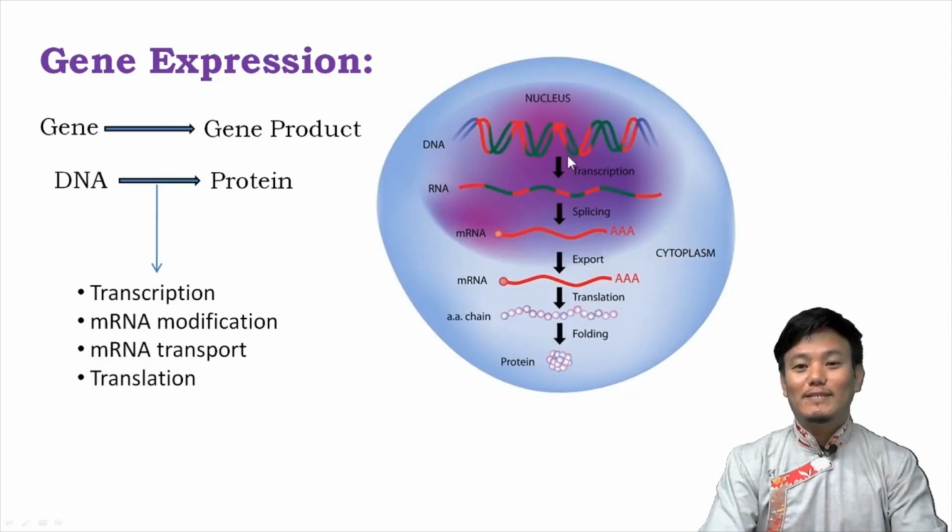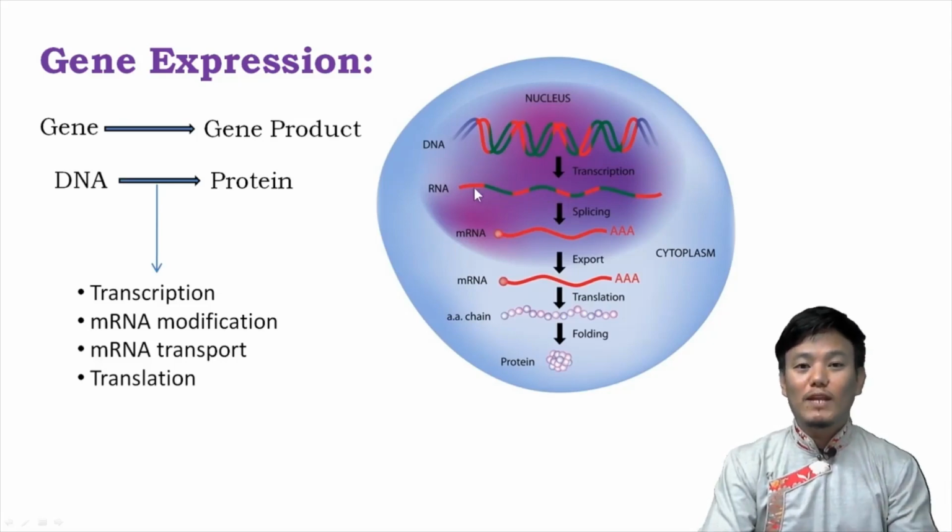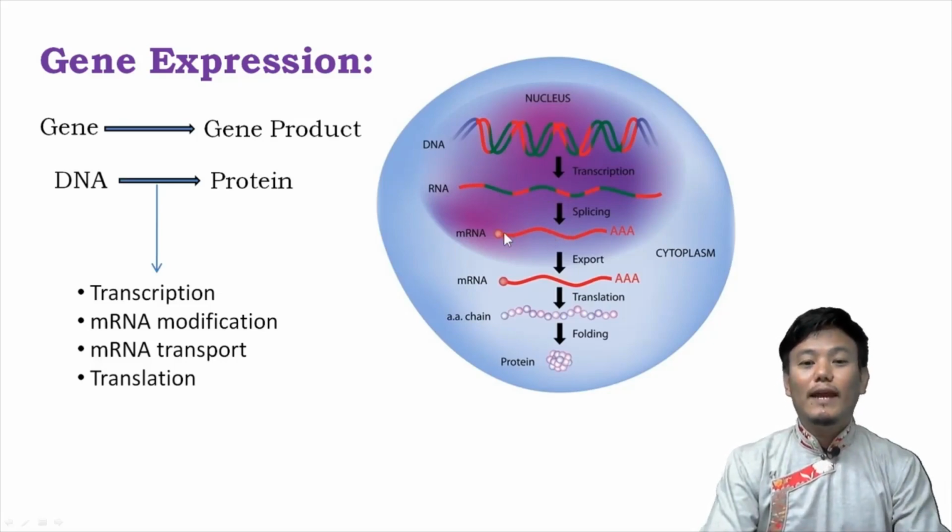The DNA gets transcribed in the first step. After transcription, we have the primary transcript. The primary transcript needs to undergo some modifications in which the introns are removed and exons are joined together. Then there is G capping and poly A tailing, and that leads to the formation of a mature mRNA.